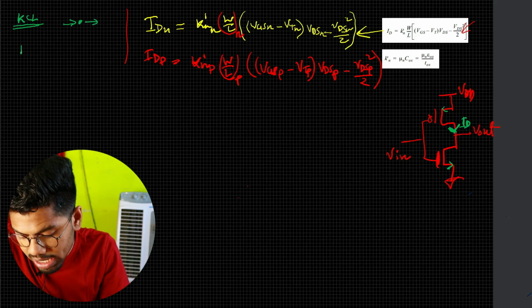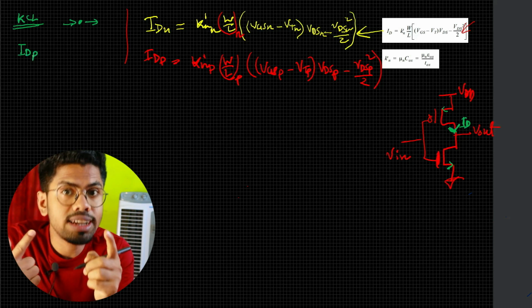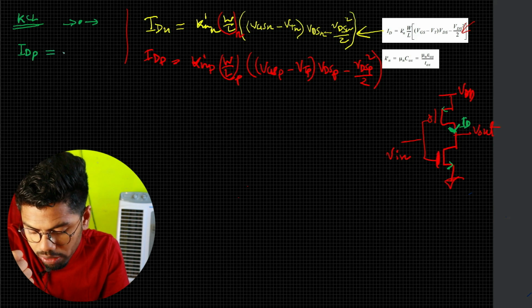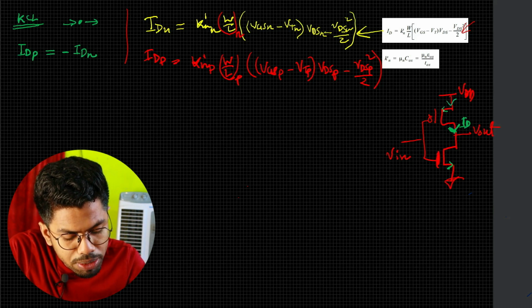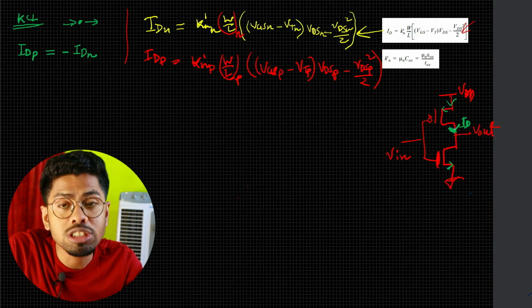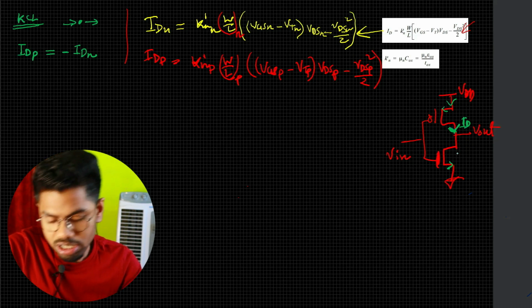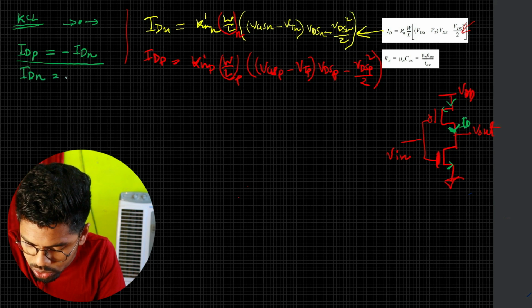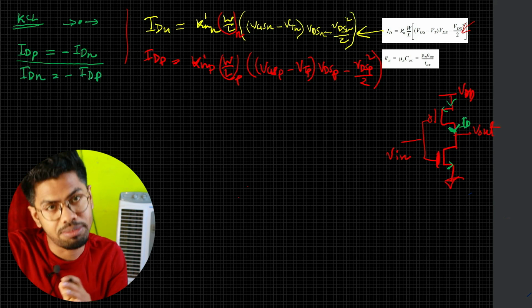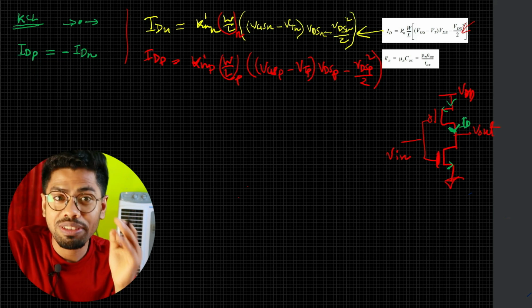So that means the ID current inside your PMOS should be of negative sign of your current inside your NMOS, because this ID is going inside your PMOS and from here it is leaving your PMOS, but it is going inside the NMOS. So it could be like this or it could be like this also, no issue, just replace them, both are okay. So let's take only one for now. So this is the first equation.